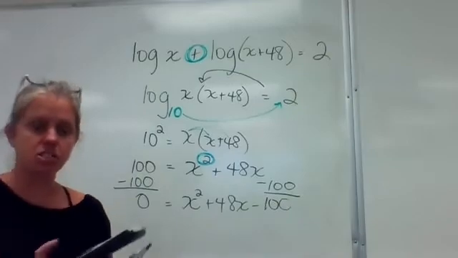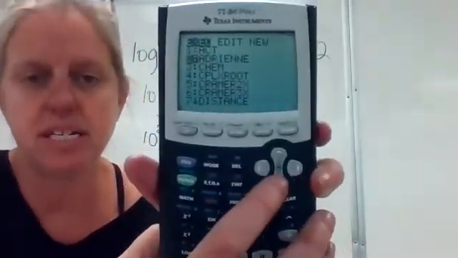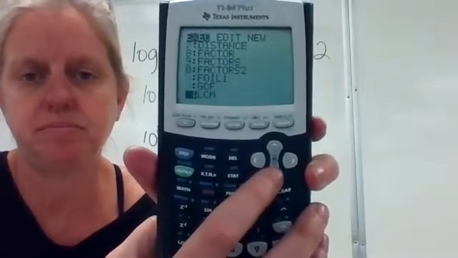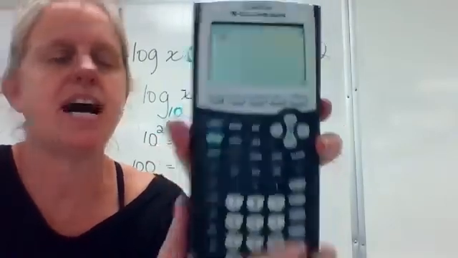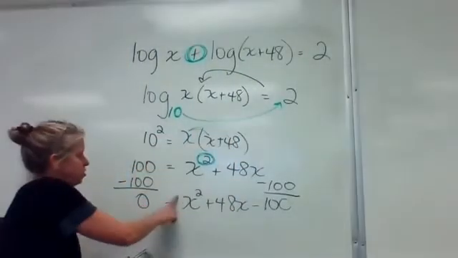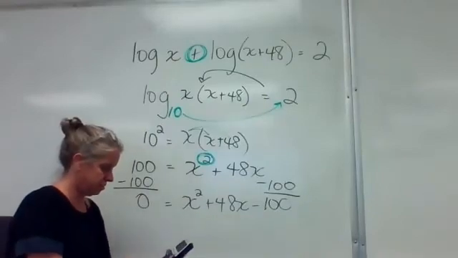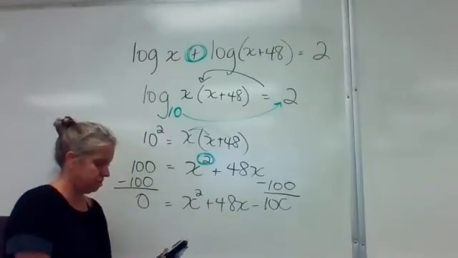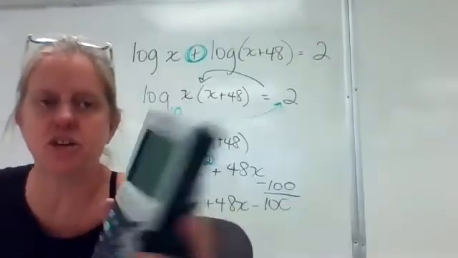You can take this to the quad program. Program down to quad, and then type in your A, B, and C, which will be 1, 48, and negative 100, which gives me negative 50 and 2.